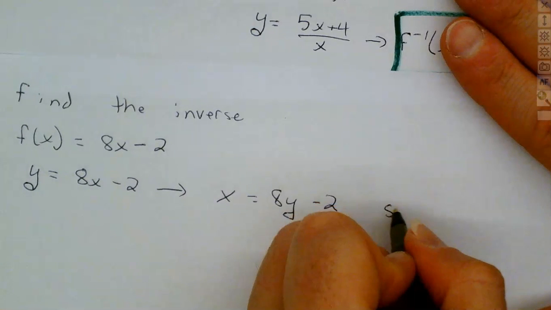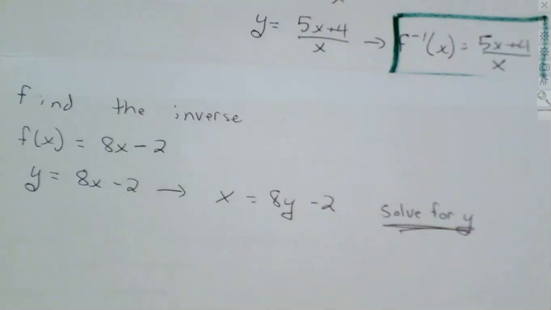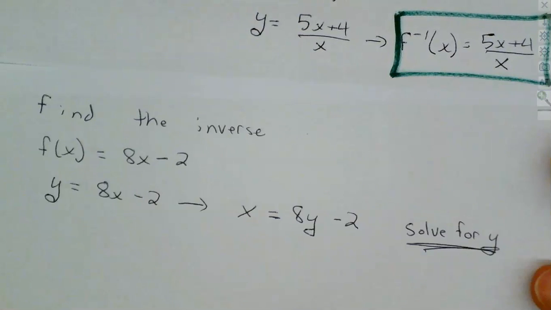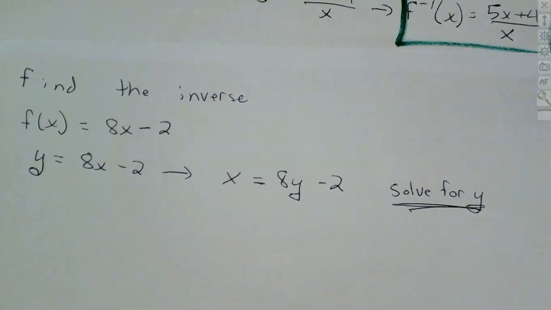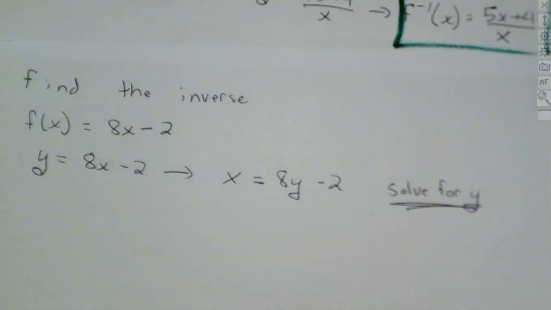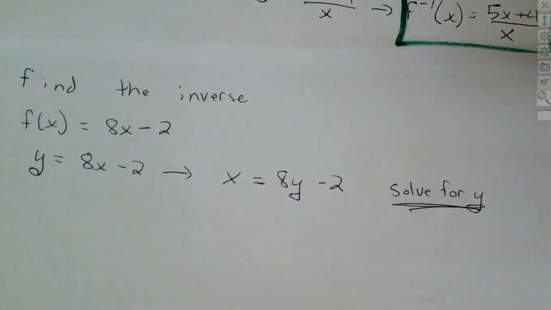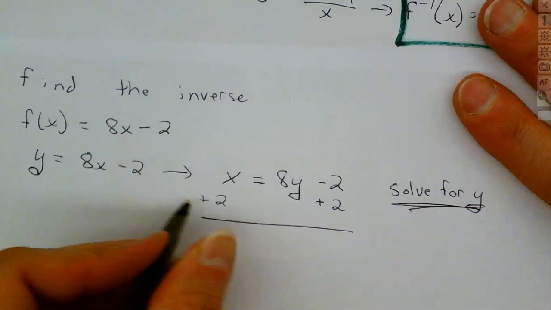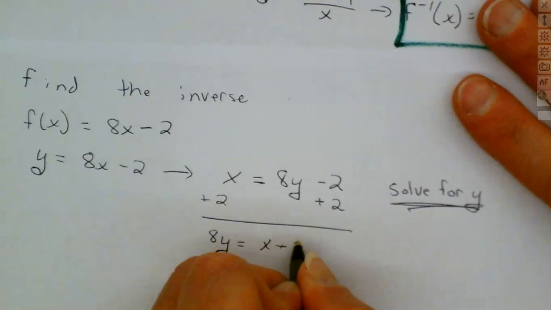And now we have to solve for y, don't we? So we're going to go ahead now and solve this for y. What you do is replace f of x with y, switch out the x and the y. They transpose with each other. Now we solve it. We're going to go ahead and add our 2. 8y equals x plus 2.